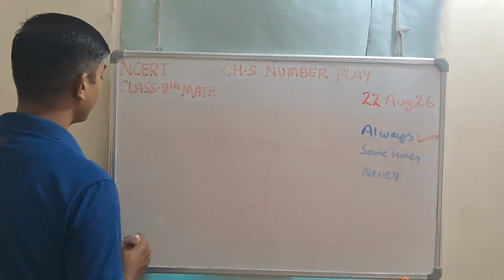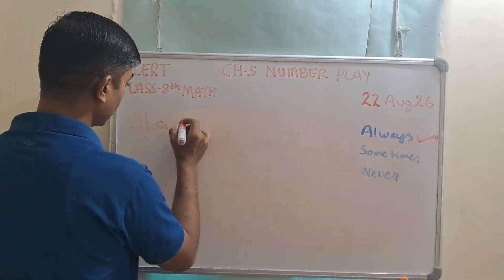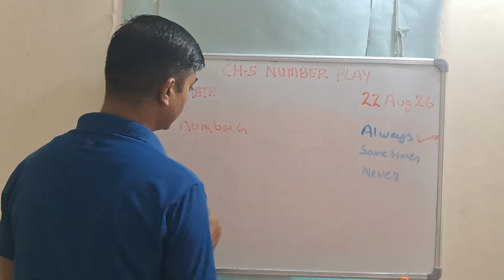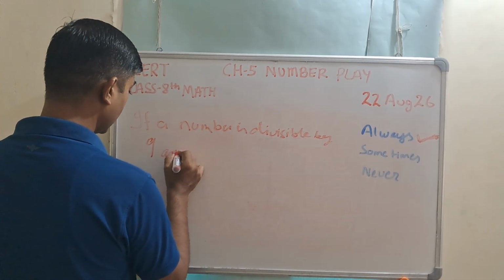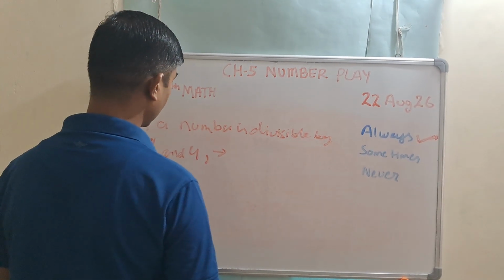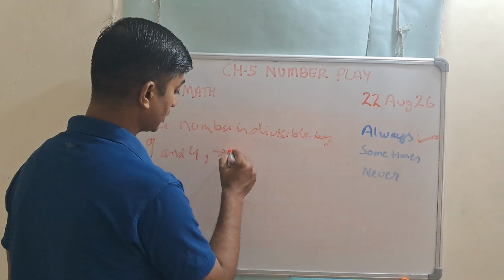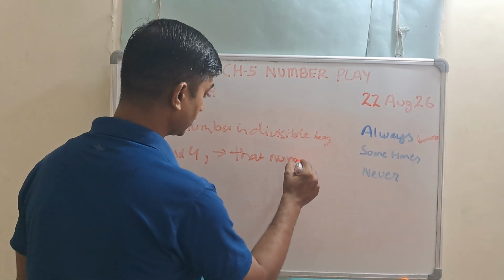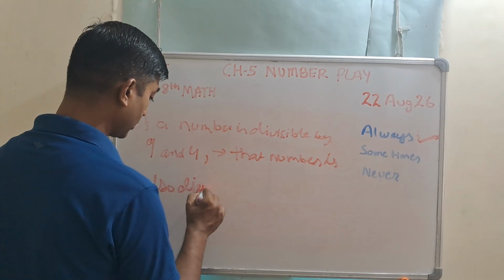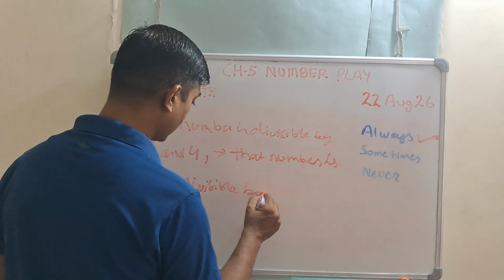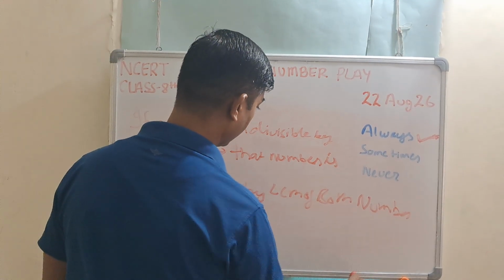What they have said is that if a number is divisible by 9 and 4, understood, a particular number which is divisible by 9 and 4, in that case that number is also divisible by the LCM of both numbers.